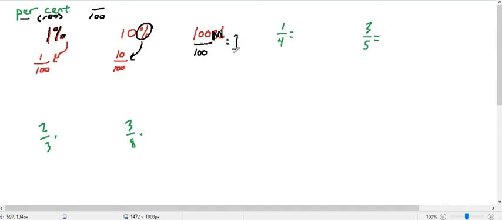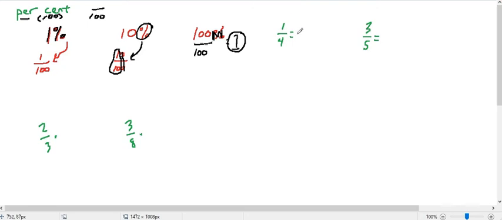Anything over itself is 1. 100% is really demonstrating that we've got one full single whole. We probably want to make sure we've reduced this one too, so it's 1/10. Crossed out the zeros that match top and bottom. 1/10.